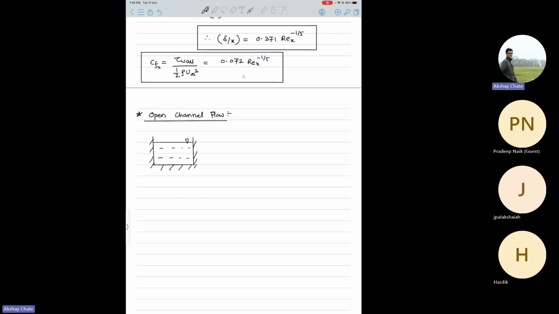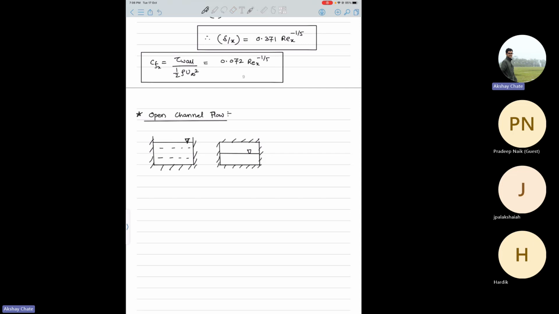But at the same time, maybe some students like me may get confused if I give you some flow like this. So let's say it is a rectangular channel, but it is not fully filled. So it is, let's say, filled only till half of the height, and let's say this is your flow domain.